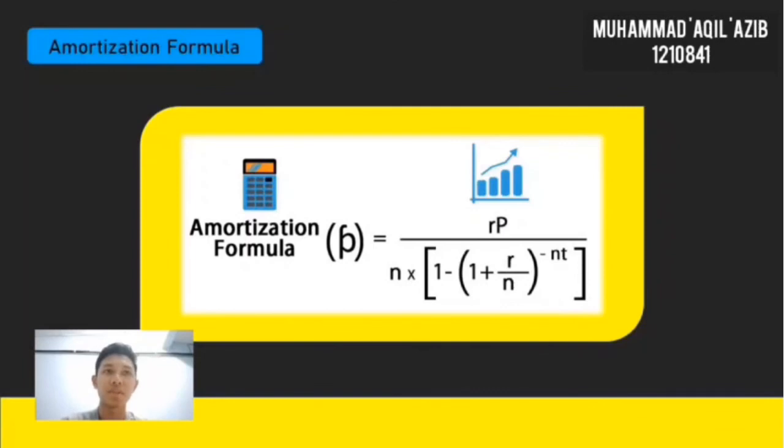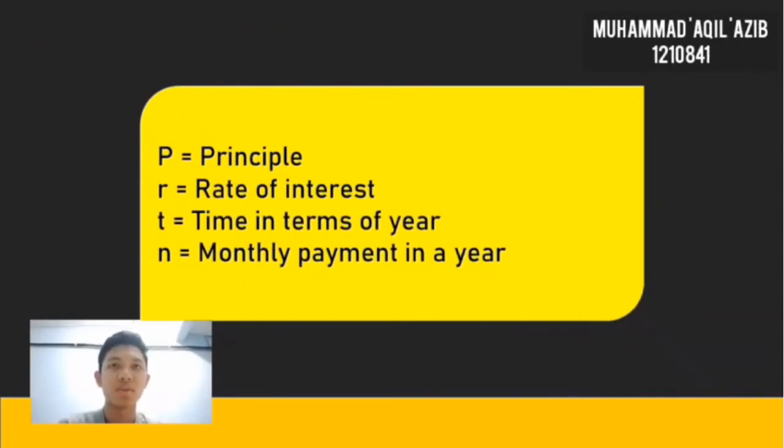Monthly payment, for example, can be calculated by this formula. From the formula, we could see that P is principal, R the rate of interest, T the time in terms of years, and N monthly payments in a year.